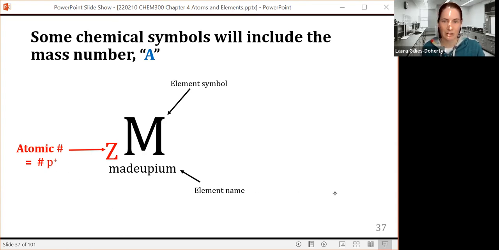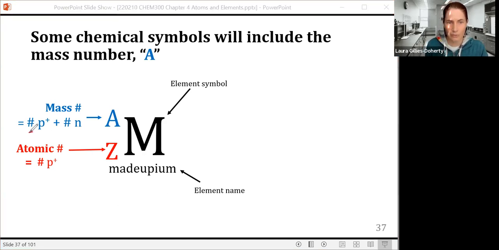So atomic number is the number of protons. And if the symbol also includes the mass number, that's going to be on top of the atomic number. And the mass number is the total number of protons plus neutrons. So this is going to be a bigger number. And this one, because it's just the protons, is going to be a smaller number.